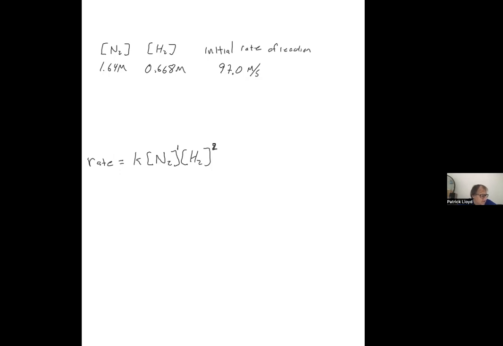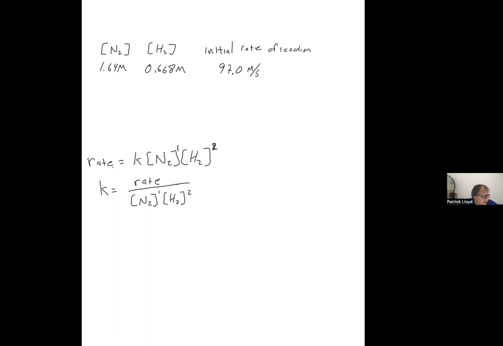Now, for that first experiment, I'm going to figure out what the rate constant is. I'm going to figure out what K is. So for K, I'm going to divide the rate by N2 to the first, and then H2 squared.